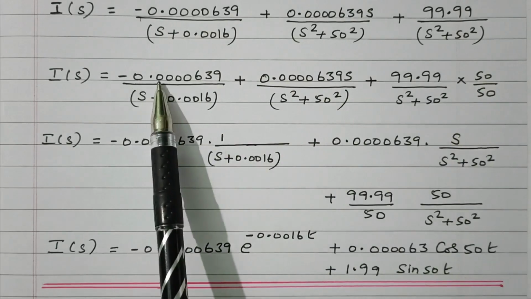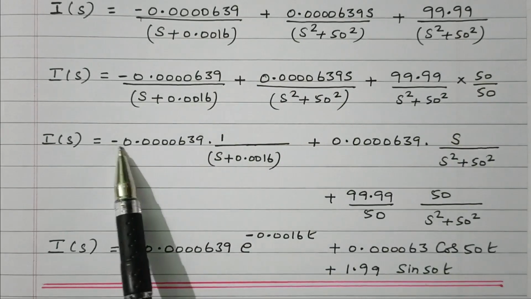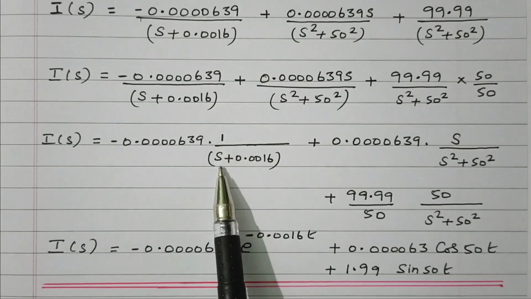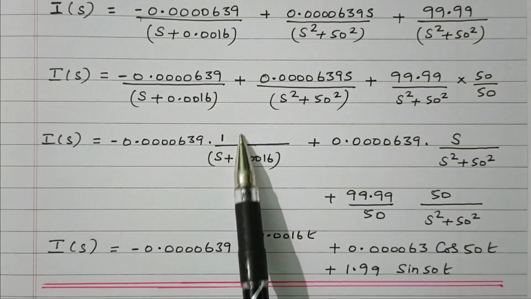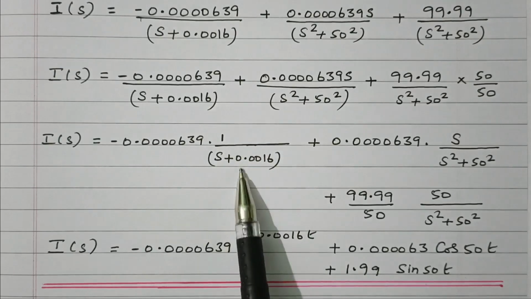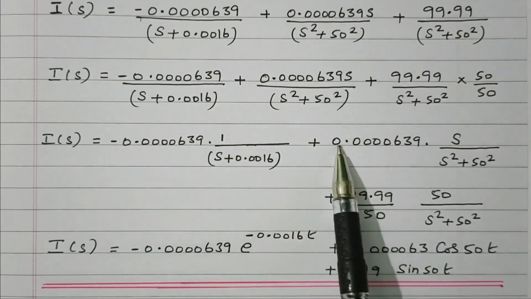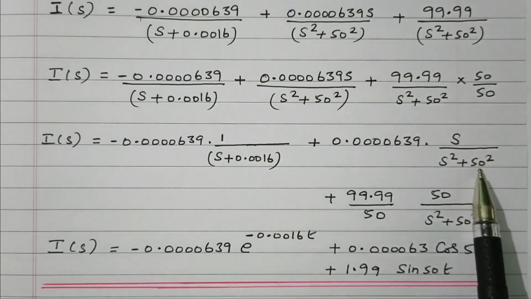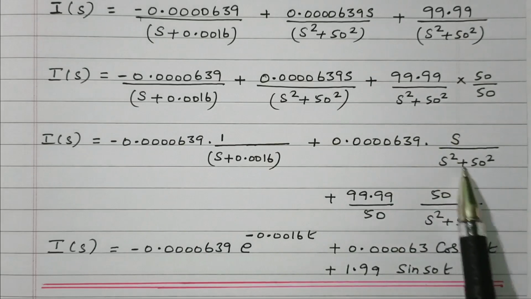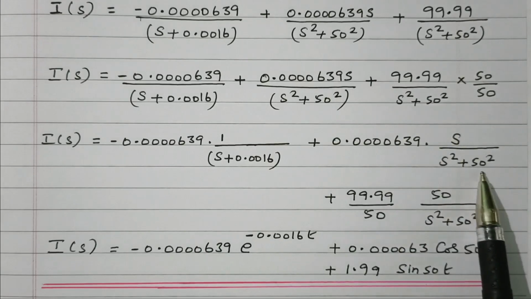So this 0.000639 minus is constant. We'll write 1 divided by S plus 0.0016. This is one standard form. 1 divided by S plus A. So that we wrote like this. And this is constant. Then S divided by S square plus 50 square. This is one more standard form. S divided by S square plus omega square.